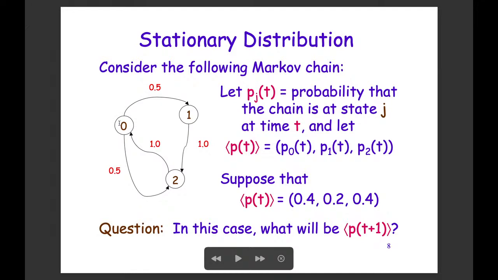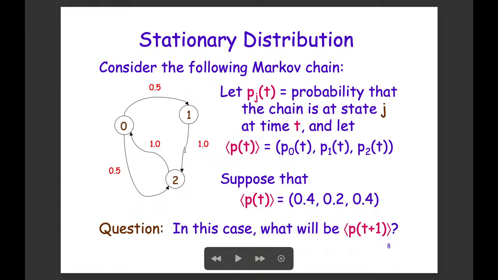Because this is 0.4, you will have 0.2 chance going to 1, and this is the only way that you can go to 1 in one more step. So at the next time, you will have exactly 0.2 chance of being at 1.